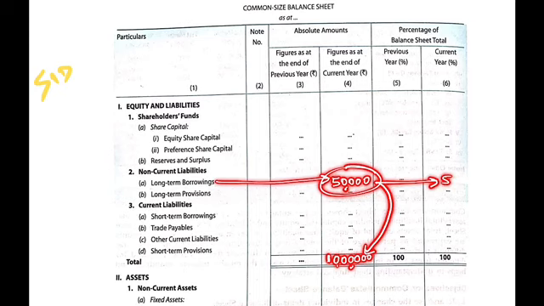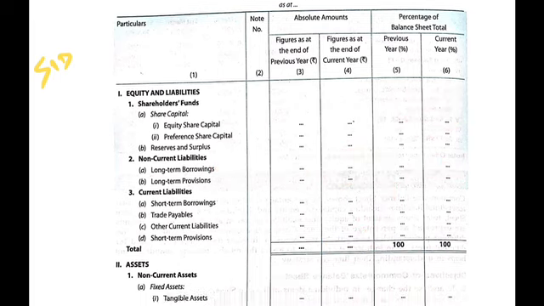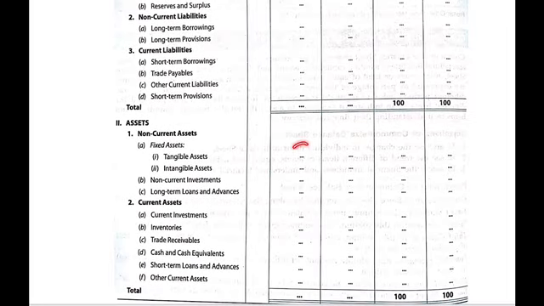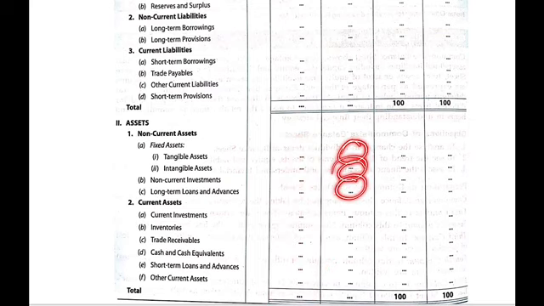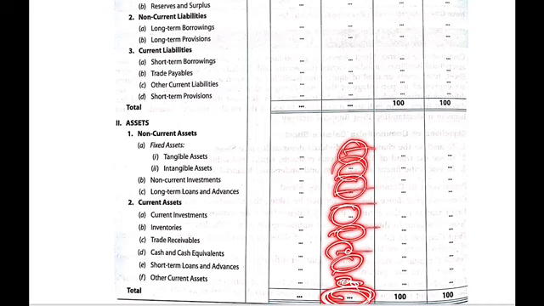That will give us 5%: 50,000 divided by 10 lakh into 100. Similarly, on the asset side, we will express each and every item of the previous year as a percentage of the total of the balance sheet, and for the current year we will express each and every item of the asset side as a percentage of the total of the balance sheet.